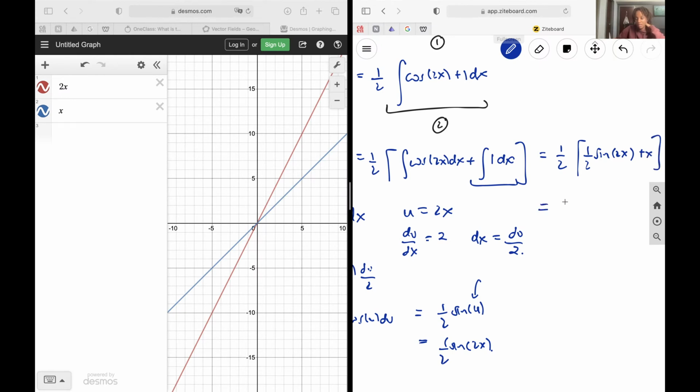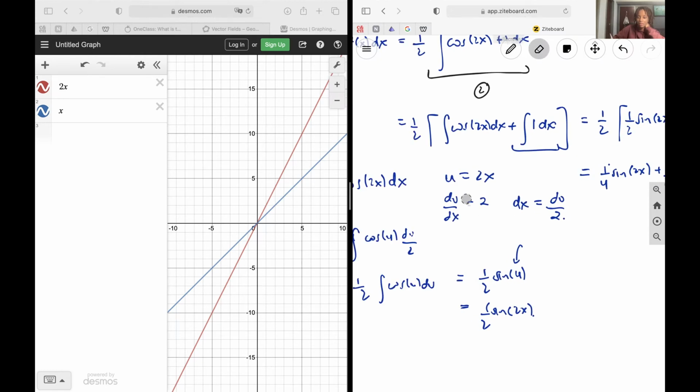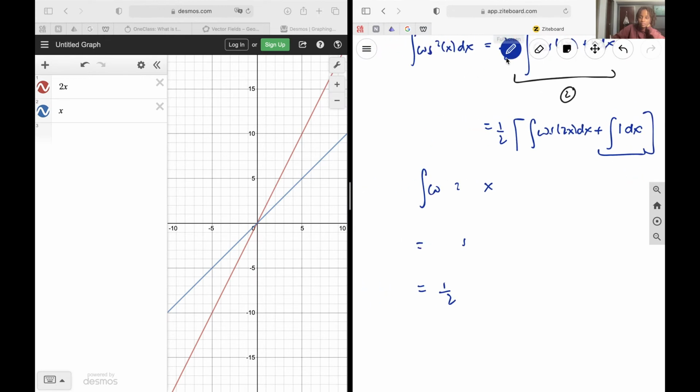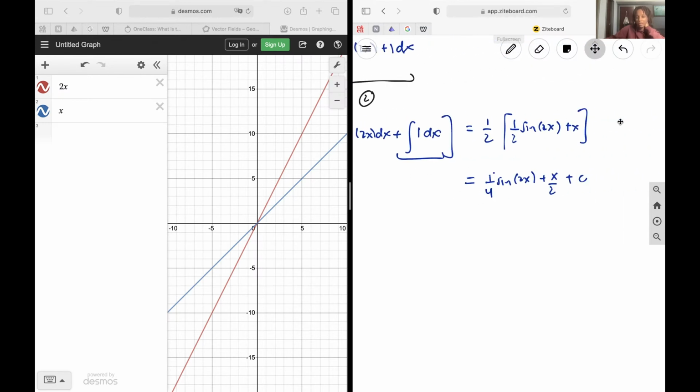Now I just expand that to get 1 over 4 sine 2x plus x over 2. And then now I add the c. So plus c. And let's just make this all a little bit cleaner. And this is going to be our final answer.